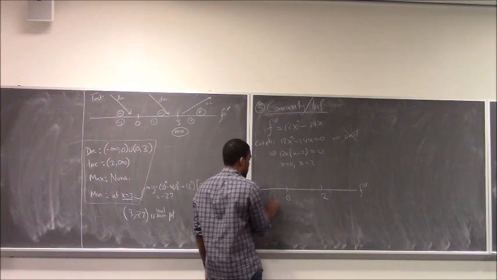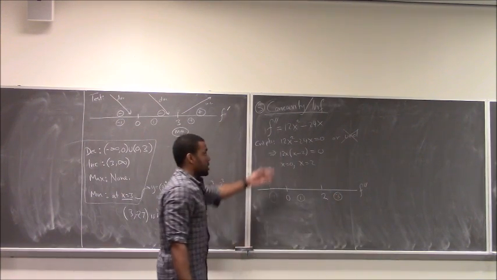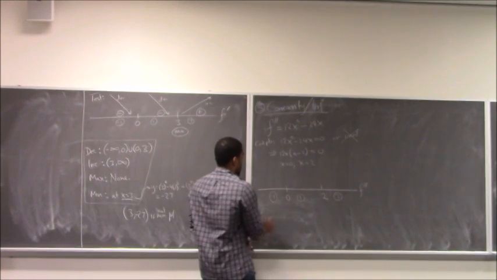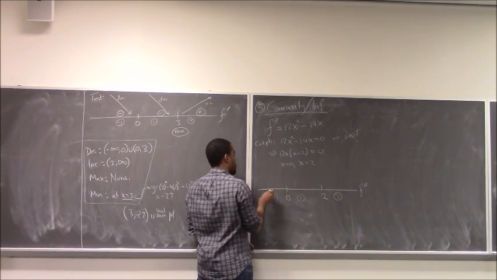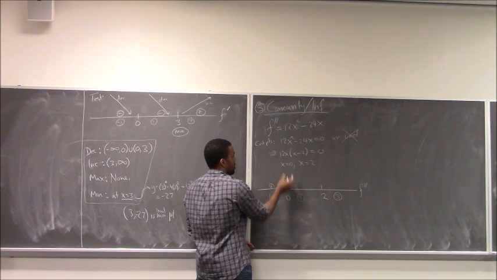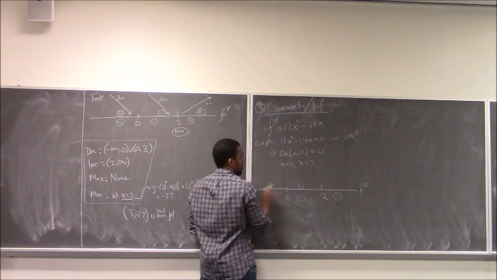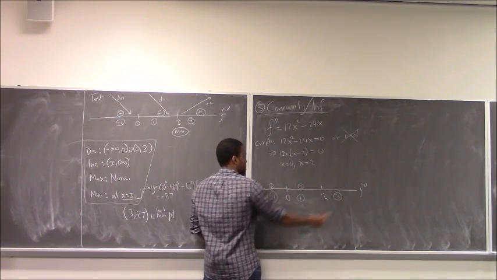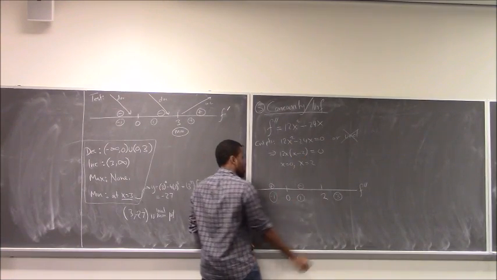Pick random numbers inside of each of these intervals and plug into the second derivative. I take a minus 1, plug in here, that's negative times negative, so that's positive. Plug in a positive 1 here, that's positive, but that would be negative, so it's negative. Take 3, plug in here, that's positive times positive, so it's positive.